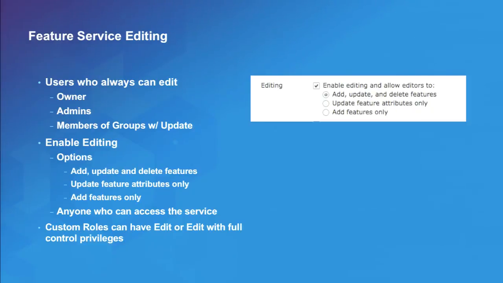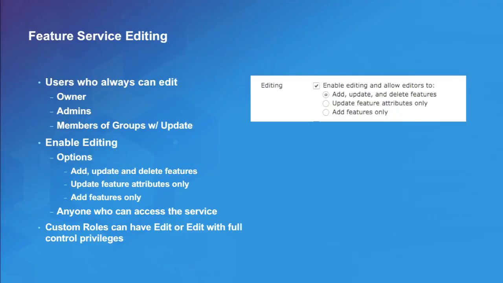And then you can also set it to only allow adding new features. So that way maybe you're collecting data from anonymous users about information in your city or those kinds of things like 311 applications. So you only allow adding and not editing of existing information.